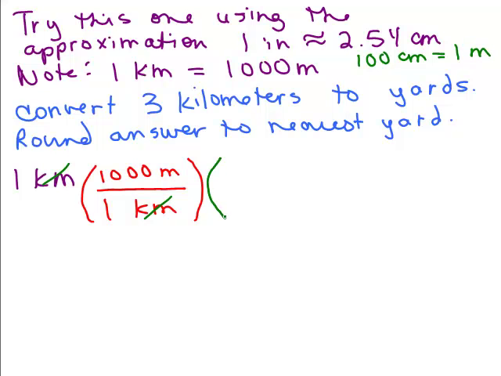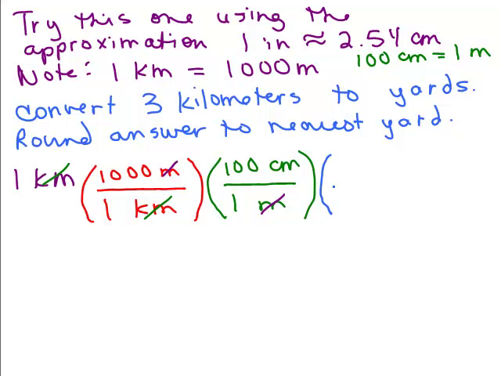So I can multiply, let's say I want the meters to cancel. So I'm going to put 1 meter in the denominator and 100 centimeters in the numerator. Okay, so what do I have now? I've got my answer in centimeters. Okay, I'm trying to get to yards. Now I've got to get the centimeters to cancel.